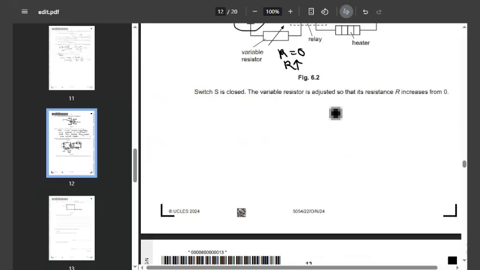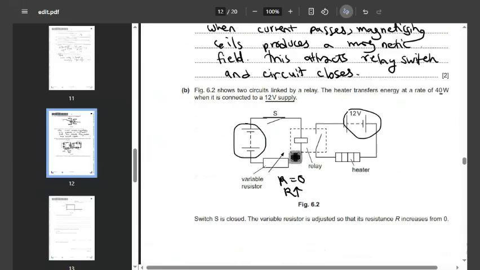Okay, now let's look at the diagram again. What exactly is happening here? When the resistance of this circuit of the magnetizing coil was increased, what happened to the current? So we know that V is equal to IR. And the voltage is this supply.